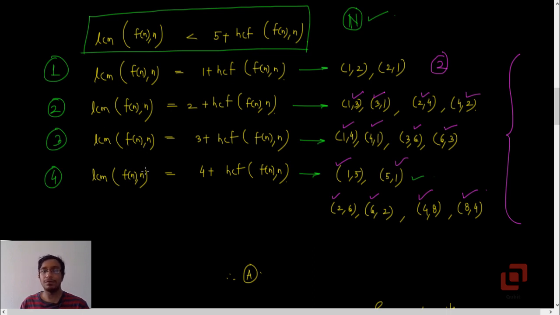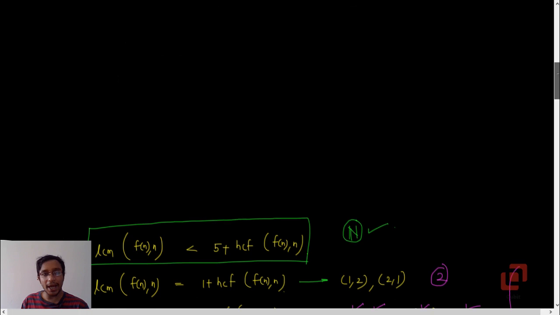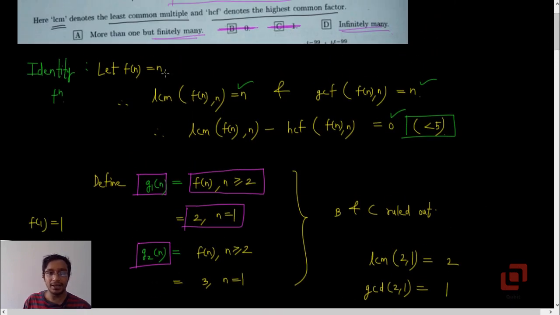Which also means that there is no pair of numbers which satisfies this particular inequality beyond these. Having made this exhaustive list of ordered pairs satisfying the inequality, we have to stick to the identity function if at all we want to define those functions.